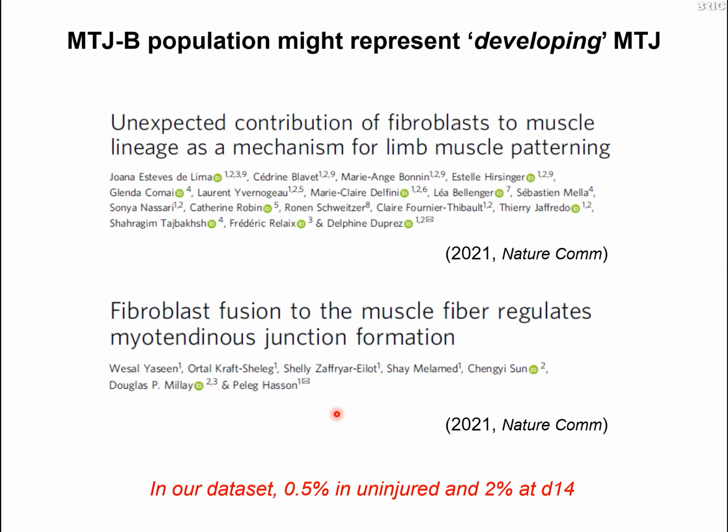Based on that, we currently think that this MTJ-B population might represent developing or transitional myotendinous junction nuclei. And probably in agreement with that idea, we could see a considerable increase in the proportion of MTJ-B nuclei at the late time point of regeneration.